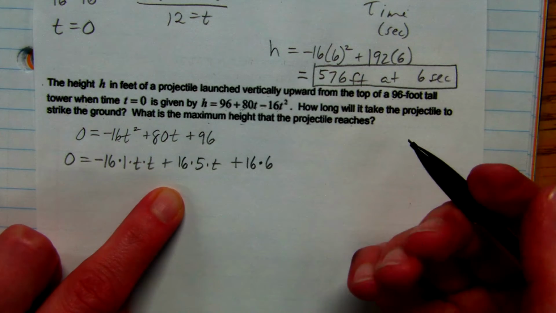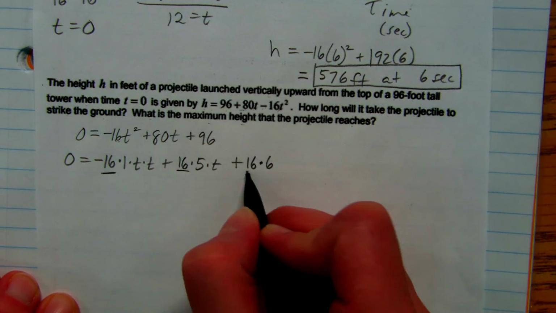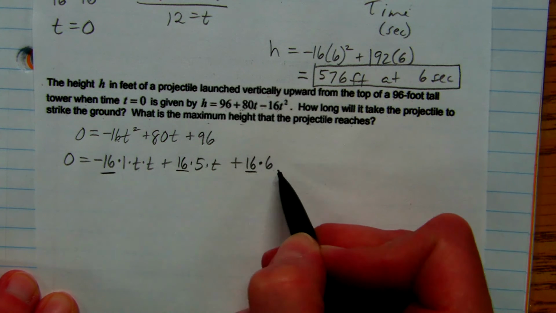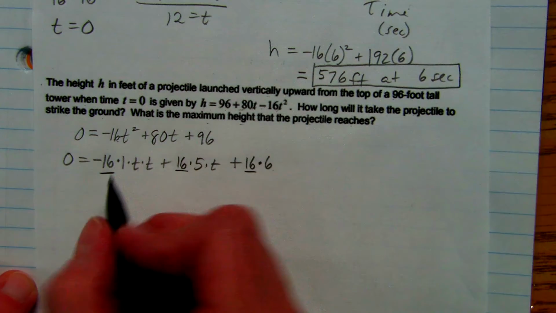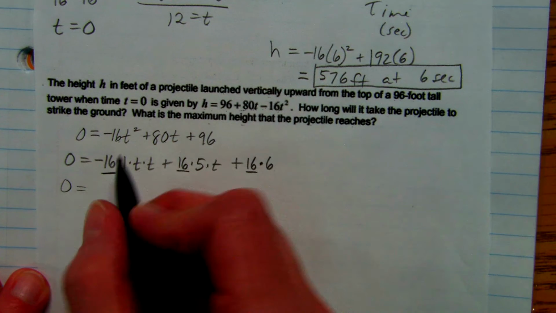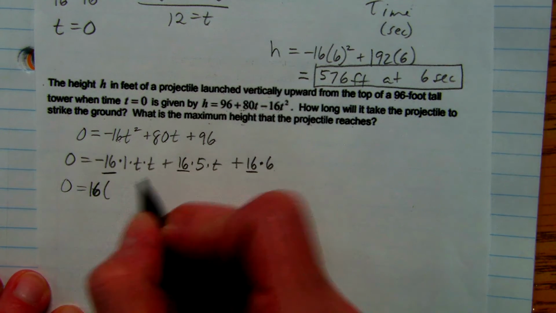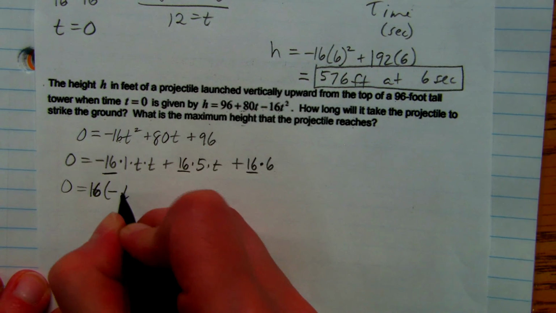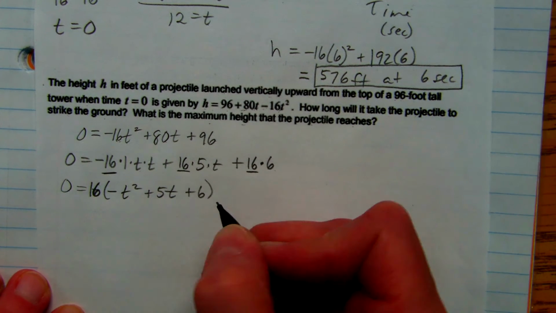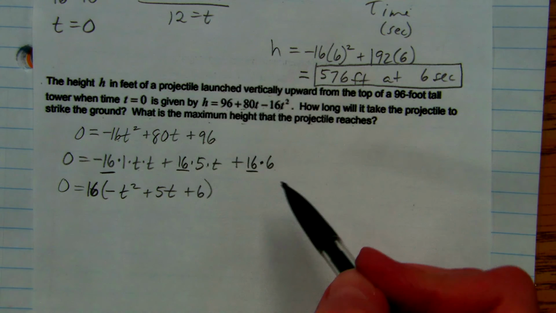I prepared yesterday, and I used a calculator to figure it out. So anytime you have that 16, just see if you can take it out. I cannot take a t out because I don't have any t's in this last term. I'll do this in 2 steps. If I take out the 16, then I have negative t squared plus 5t plus 6. Okay, so everybody good with me taking the 16 out of all terms?